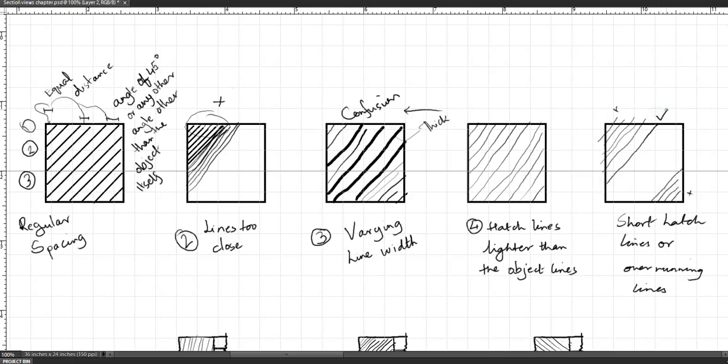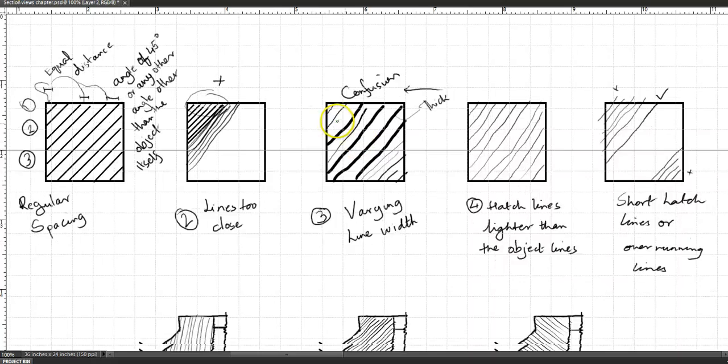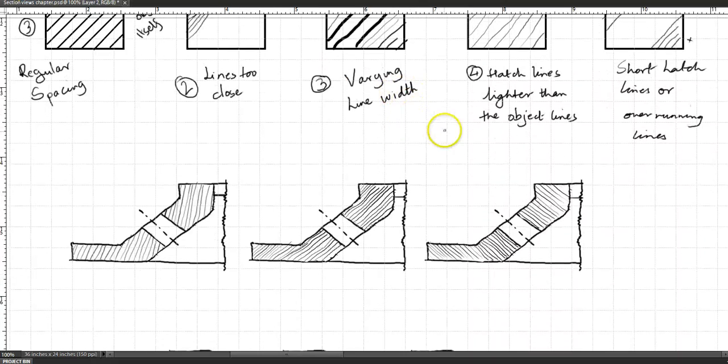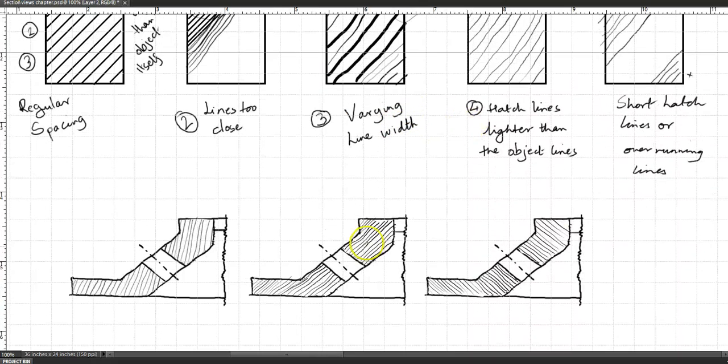Okay, so now these are all the different section type of lines. The next thing we are going to see is more hatches on objects over here. Now, which are right and which are wrong. Okay, now you have this one example, two example, and the third example right here.